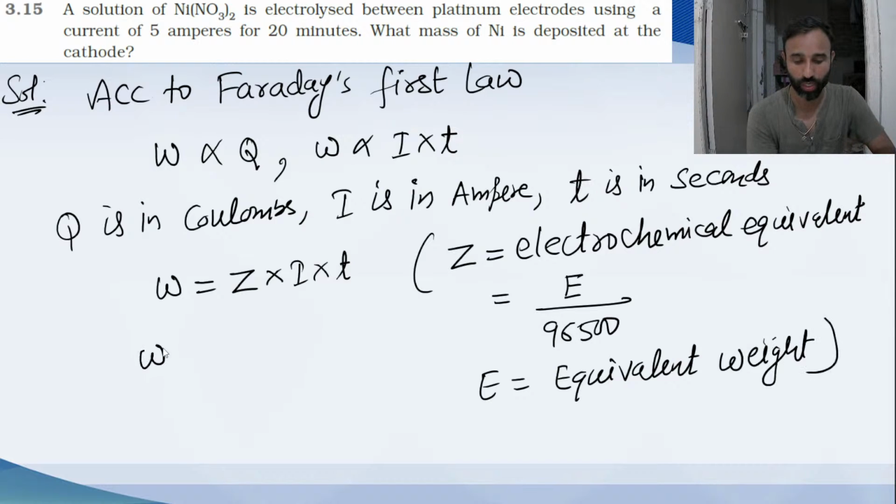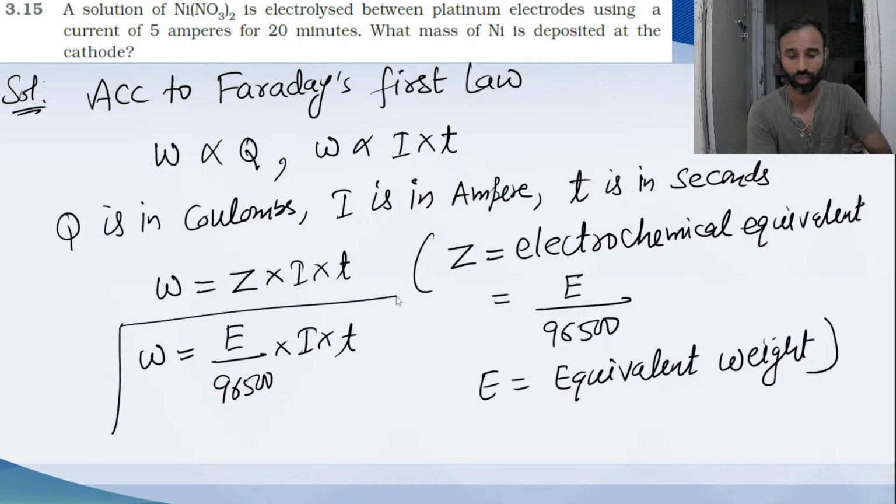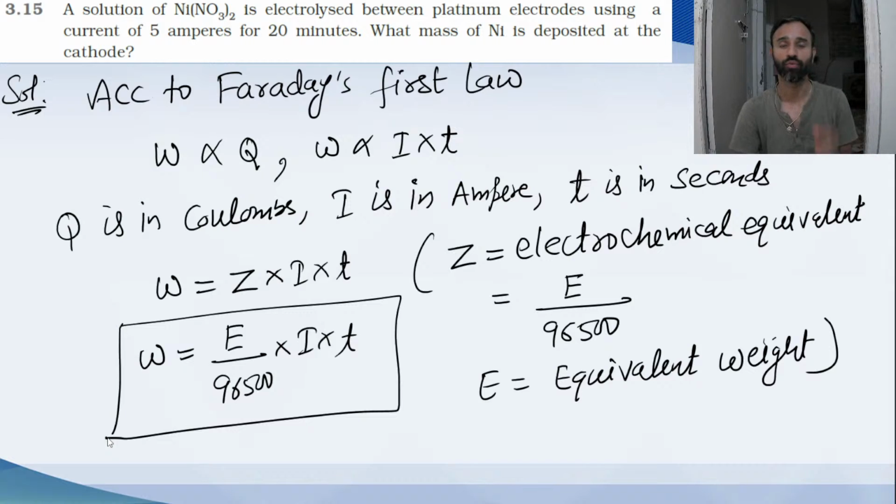So weight is equal to E over 96,500 into I into T. Keep in mind this relation: weight deposited at cathode is equal to E over 96,500 into I into T. I is in ampere. Time is given in minutes, so we convert it to seconds easily.